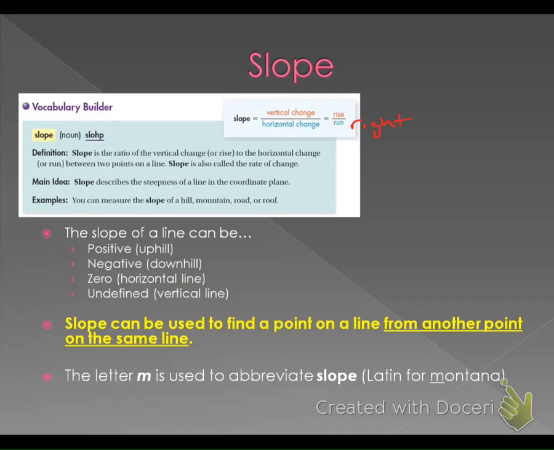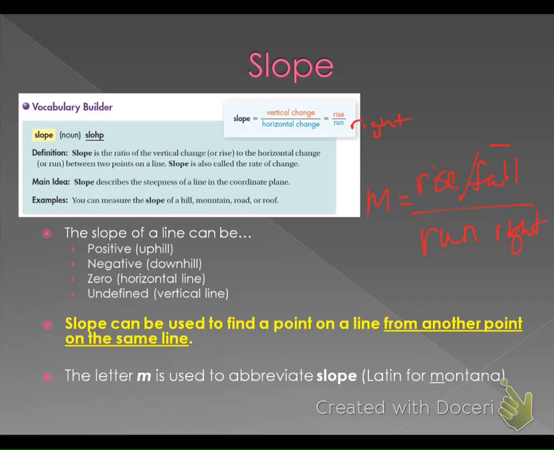So remember that slope, or m, is equal to your rise, we'll say or fall. So if you have a negative number, then it'll be falling, over your run, when you run to the right.